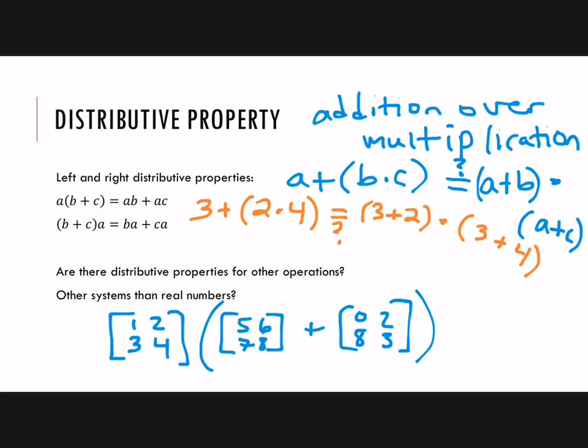We won't talk about how this works, but the distributive property does work. You can distribute and multiply the matrices together before doing the addition. Matrix multiplication is not commutative, and matrix addition is commutative. So some of these properties do hold for other systems and some don't.